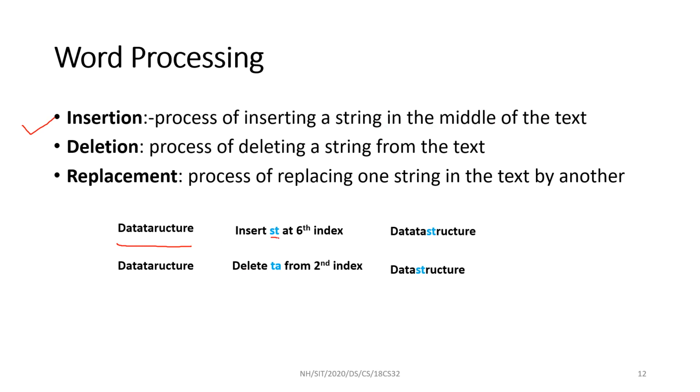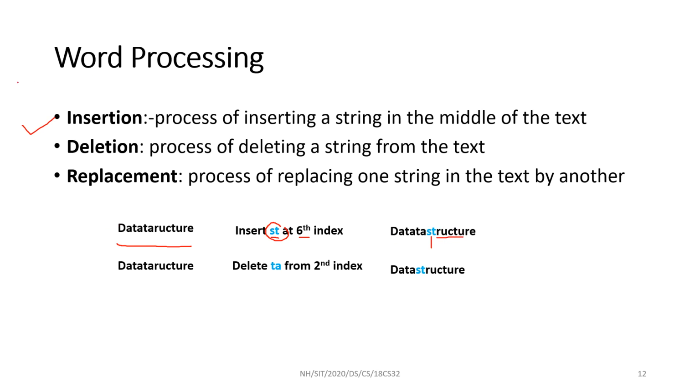I want to insert st. Where? At the 6th index. 0, 1, 2, 3, 4, 5. At the 6th place, this string is inserted. After inserting st, the other characters of the original follow.